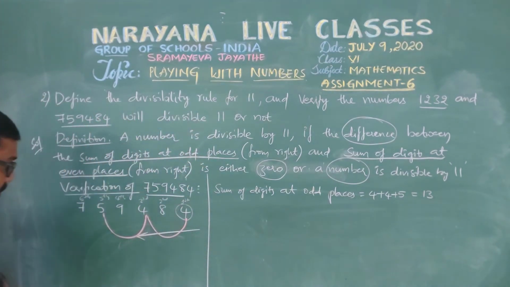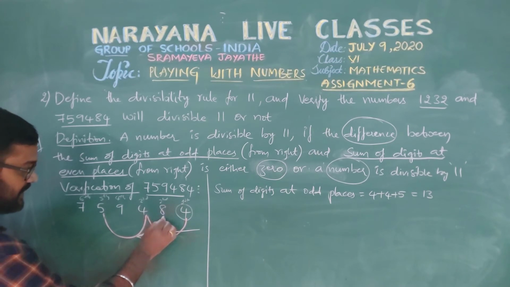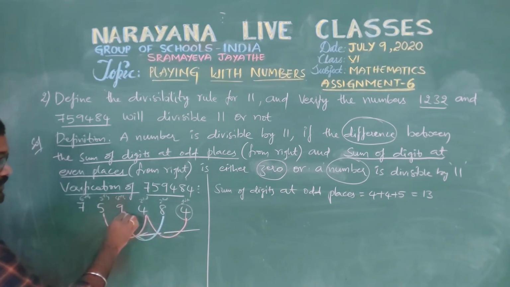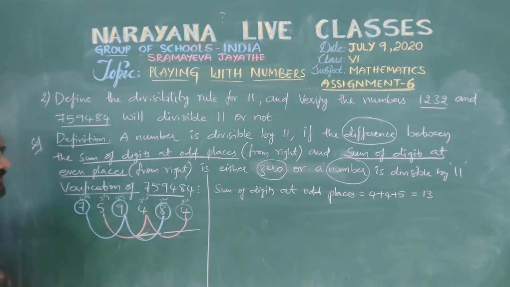Now, if you observe here, what are even places? This is second place, isn't it? Now this is 8. So this 9 is also at 4th place, and this 7 is at 5th place. That is, this 7, 9 and 8 are at even places.